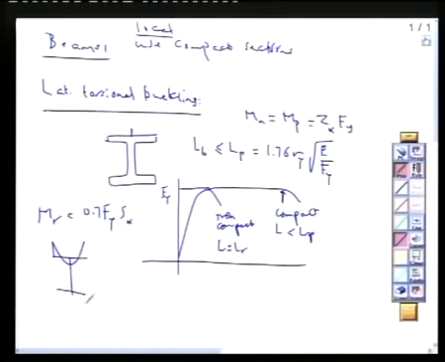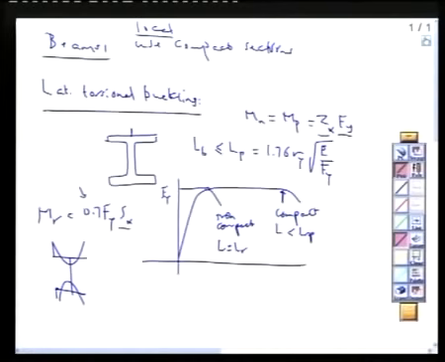They are compression. Thus, if Fy reaches here, it starts to spread around until all the section will be in what? In Fy. So we have the first loss between Fy and 0.7 Fy, and the other loss between Zx and Sx, which is the shape factor.